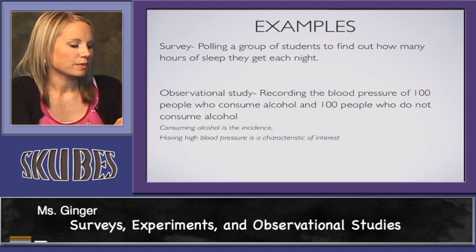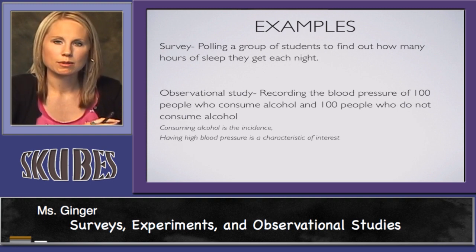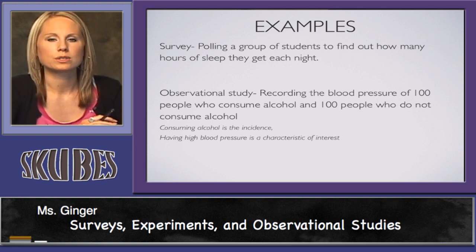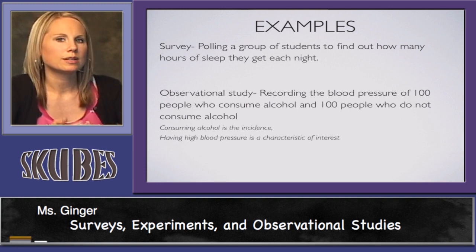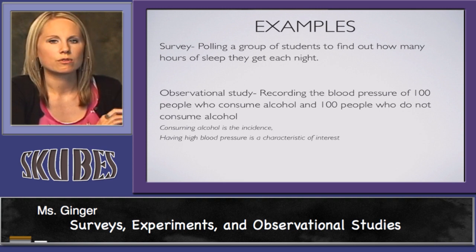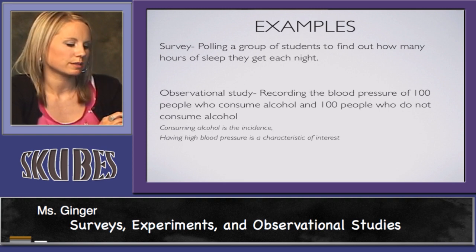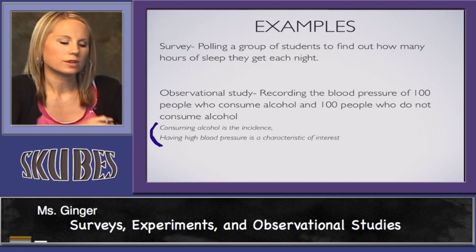I'm not imposing any treatment on them, I'm not separating them into groups and giving one group a certain amount and not the other. I'm just simply recording results of what they tell me, whether or not they consume and whether or not they suffer from high blood pressure, because I'm trying to find out here if there's a relationship between the two things.